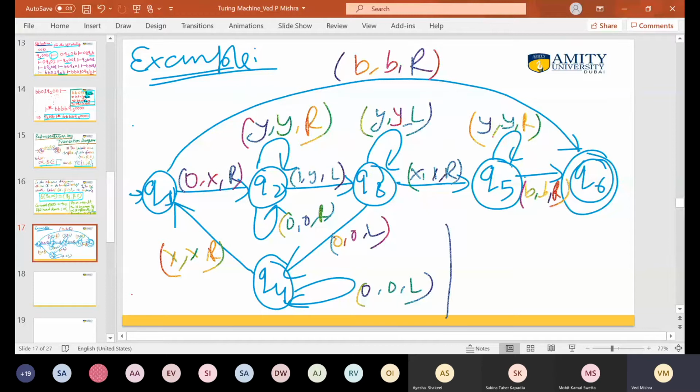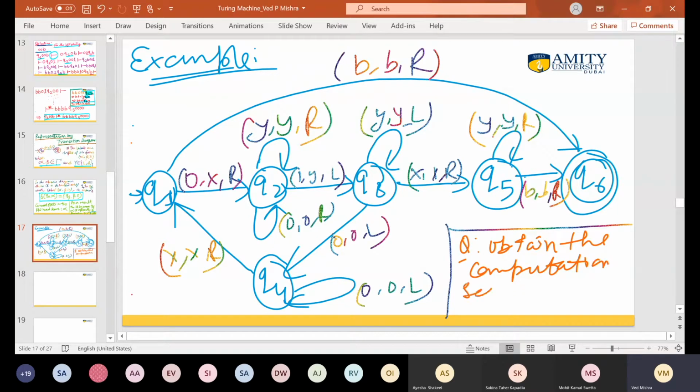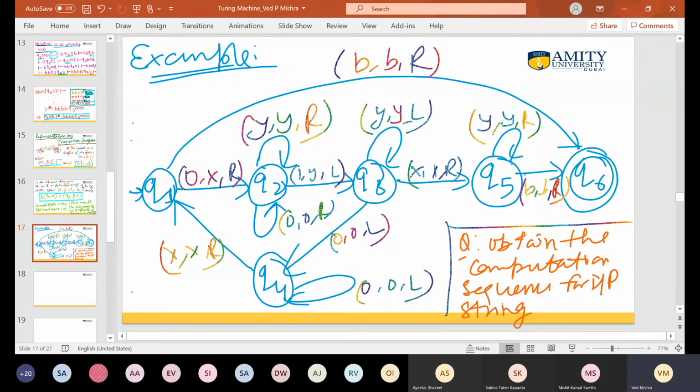Now here the question is, obtain the computation sequence for the input string 0011.